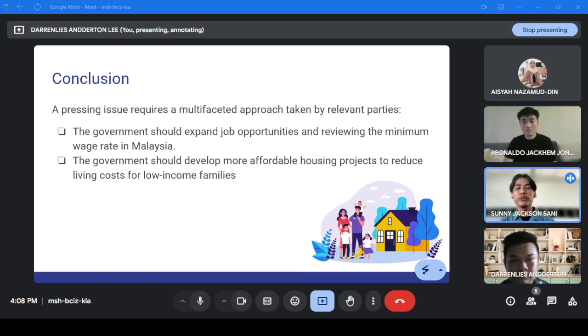There are a few steps the government can take to settle this problem. First, the government should expand job opportunities and review the minimum wage rate in Malaysia. Second, the government should develop more affordable housing projects to reduce living costs for low income families. Thank you.